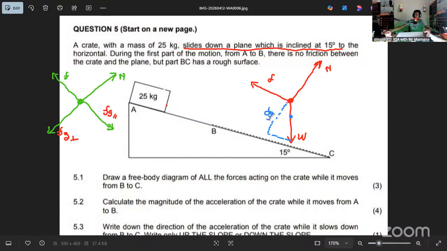So FG perpendicular as well as FG parallel, and then our 15 degrees, because they will matter in the next question, I can tell, because we have to calculate the magnitude of the acceleration of the crate while it moves from A to B. The magnitude of the acceleration.